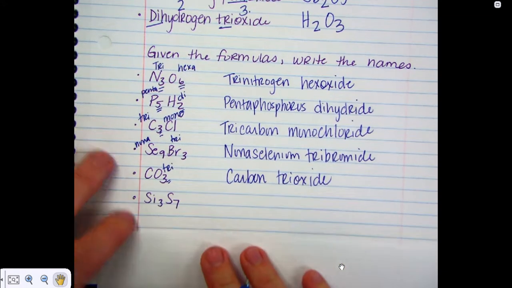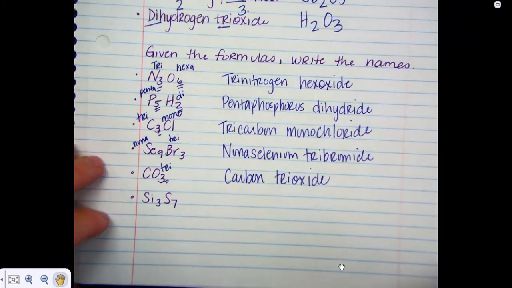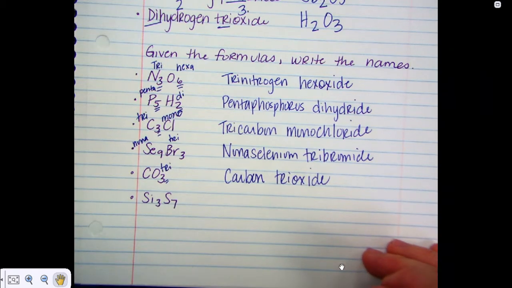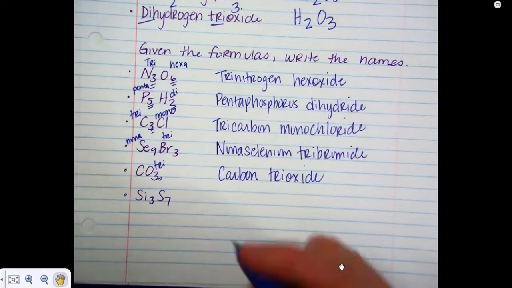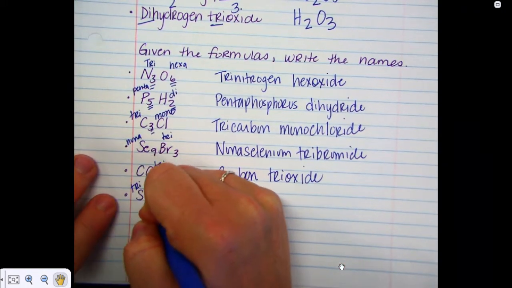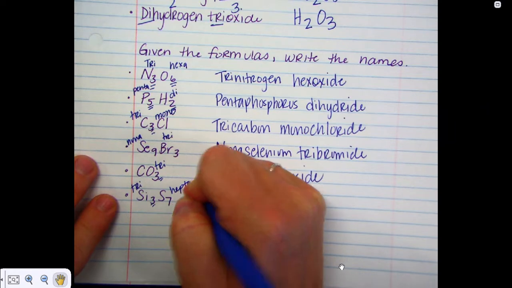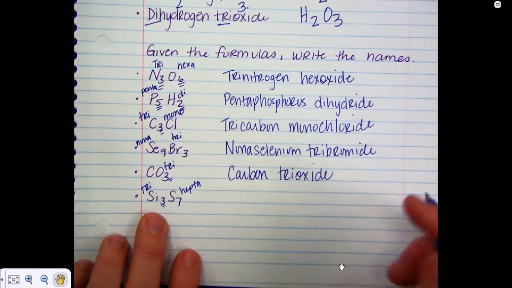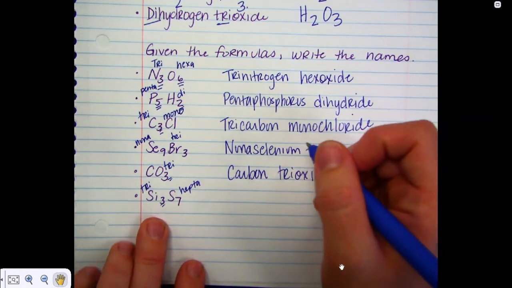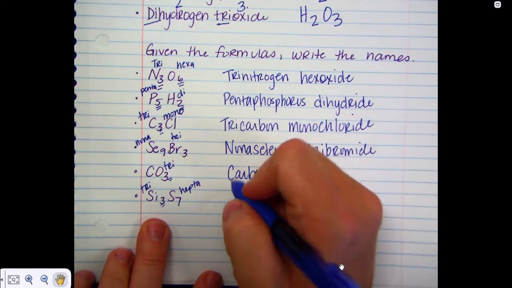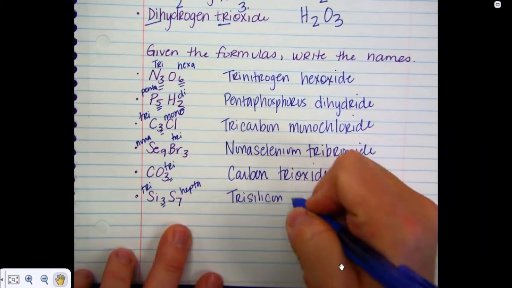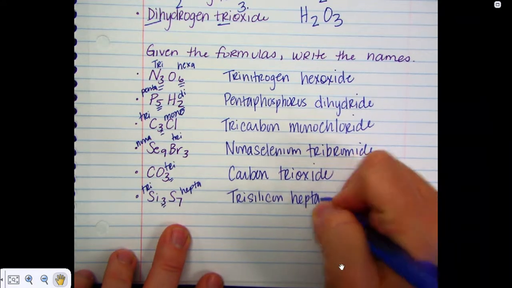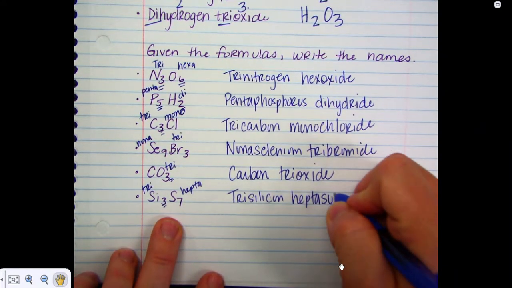And then our last one down here, Si3S7. So 7, remember that's not one we use super often. 7 is hepta. So tri for 3 and hepta for 7. So tri, and what's Si? Si is silicon. So trisilicon, hepta, and sulfur becomes sulfide.